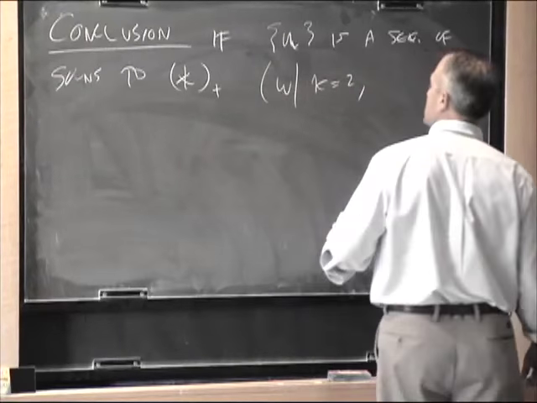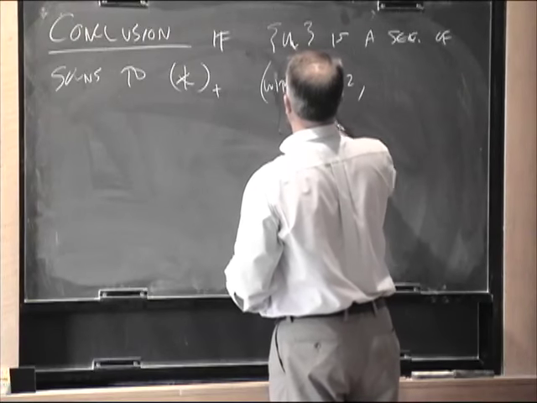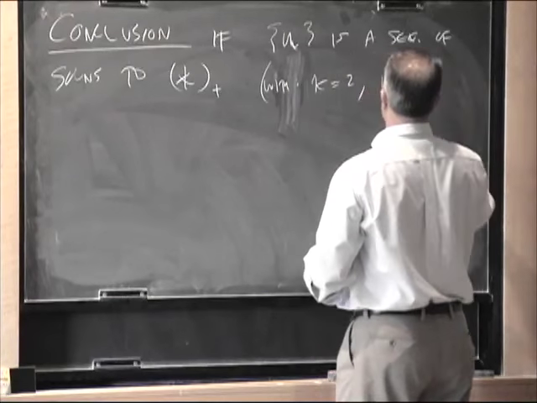So you have a sequence of solutions to our equation, and again, we're assuming k equals 2, and we're in 4 dimensions. I'll get back to k equals 3 and 4 later.